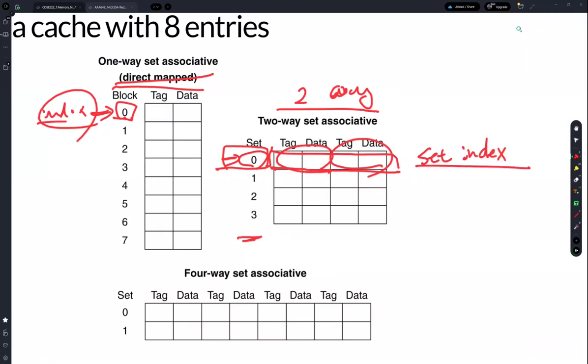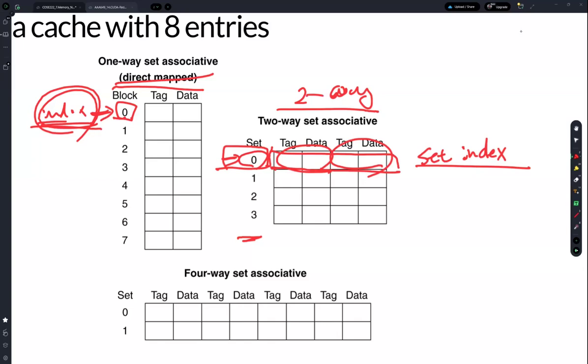For the direct mapped cache, we just call it the index of the cache because for a single cache set we can allocate just one block, so the set index is equivalent to the index of the cache.